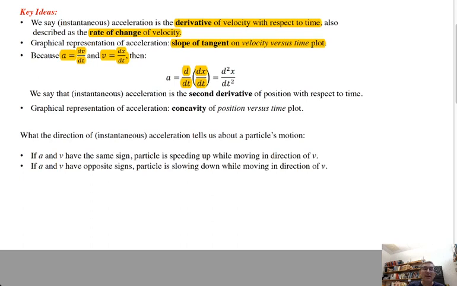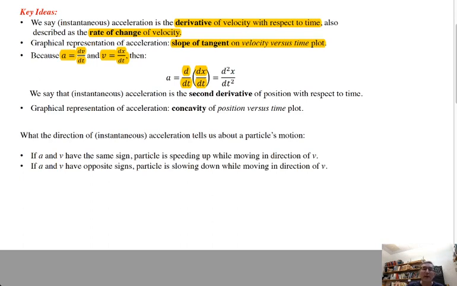So what this means in calculus is to take the x function, it's a function of time, take one derivative of that with respect to time, and then whatever you get from that derivative, turn right around and take another derivative again. One derivative immediately followed by another. We call that a second derivative. So another way to think of instantaneous acceleration is that it is the second derivative of the position with respect to time.